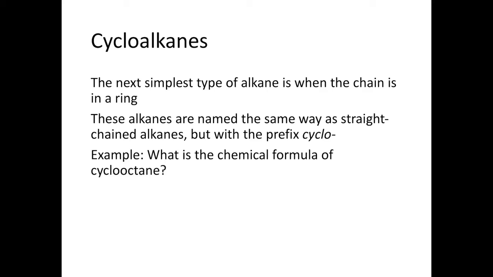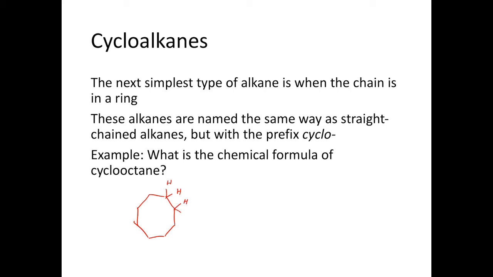What is the chemical formula of cyclooctane? So octane we just went over in the last example. So cyclooctane is just a straight chain that's connected at the ends. So if you had to draw its line structure, it's just an octagon. And so each of those carbons is going to have 2 hydrogens attached to it.